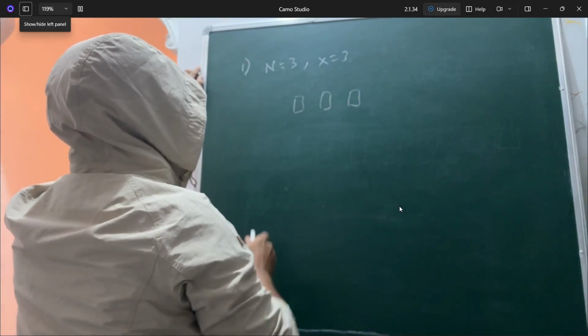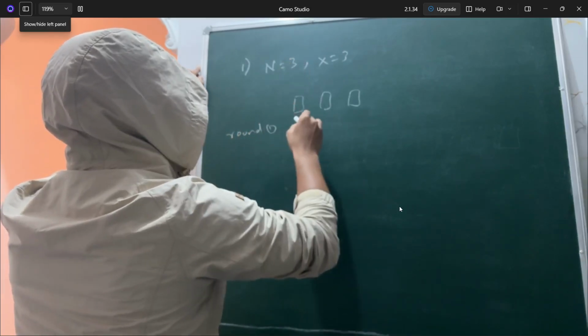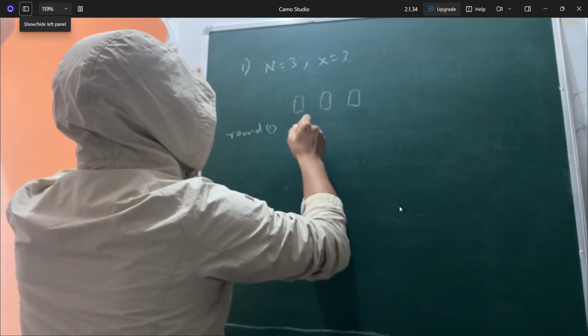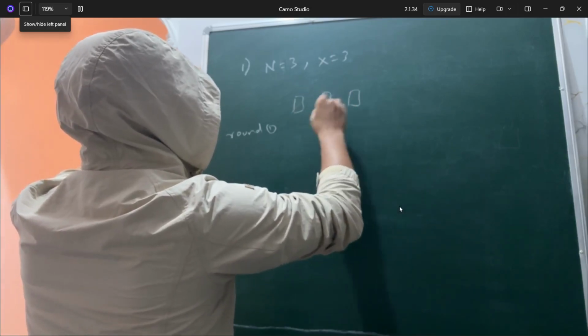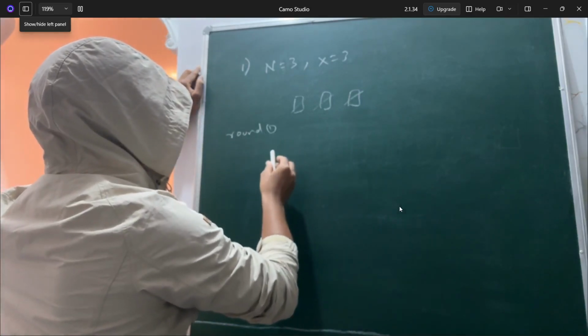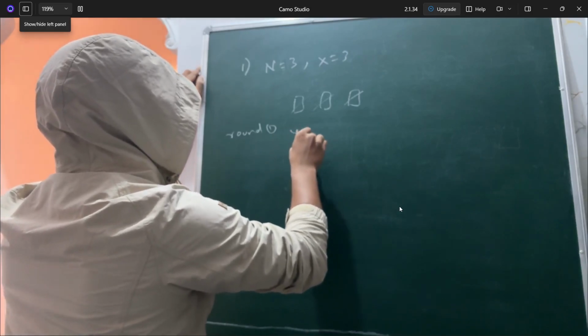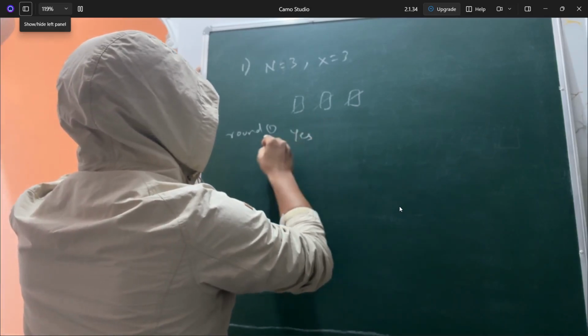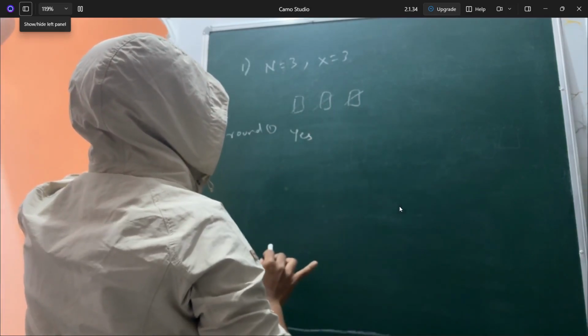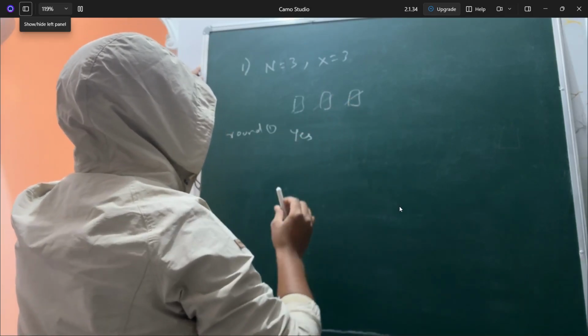So in one round, let's say round 1, all the 3 people have to pick one tile. So all the 3 people will pick one tile, so there will be no tile remaining. So in round 1 only the game ends. Okay, so this is valid. As you can see, in round 1 the game is valid and there are no tiles left.